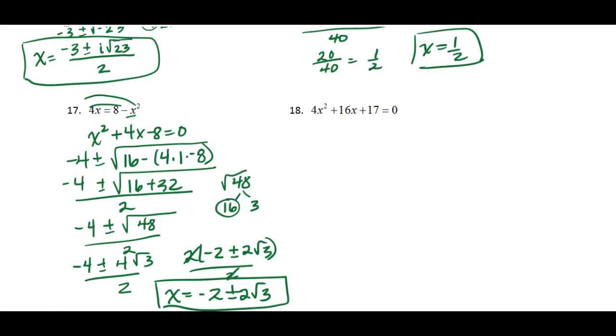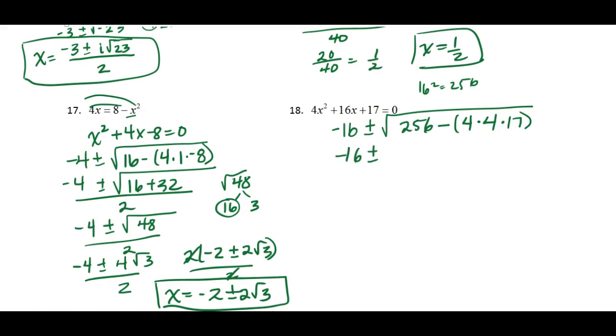All right, let's look at 18. Already in standard form, so we're going to just jump into quadratic formula. So this will be negative 16, negative b, plus or minus square root, b squared, so 16 squared is 256, minus 4 times a, which is 4, times c, which is 17.